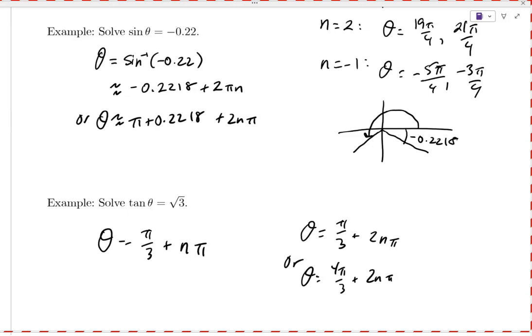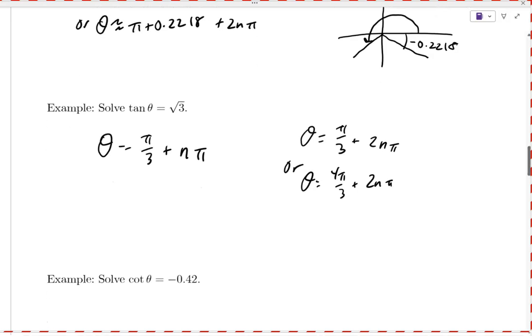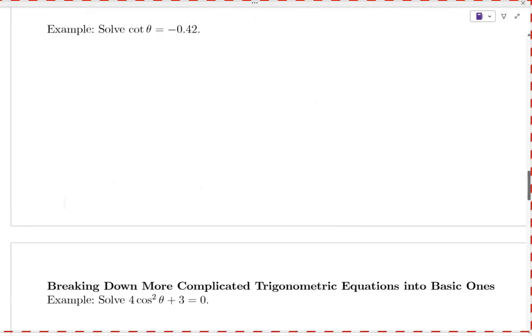But I don't want to add a negative because that would make it go back that way. That's a good question though. But that was why I was making sure I was talking about the size of the angle, not worrying about the negative. Other questions on that one? All right, let's flip down to the cotangent.